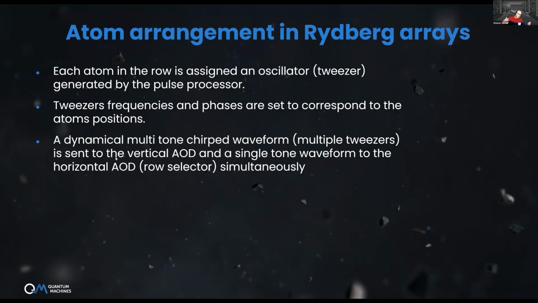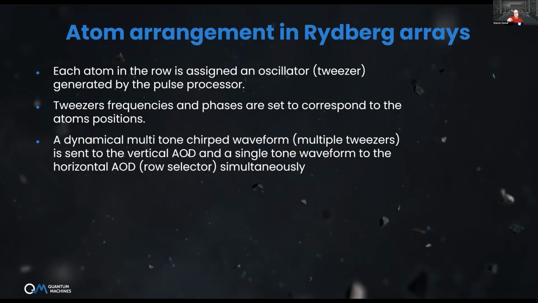And so this multi-tone waveform is sent out from a single output port from the OPX and goes to the vertical or the horizontal AOD. And the other AOD is just sent a single frequency tone to set the row or the column that we're currently arranging.